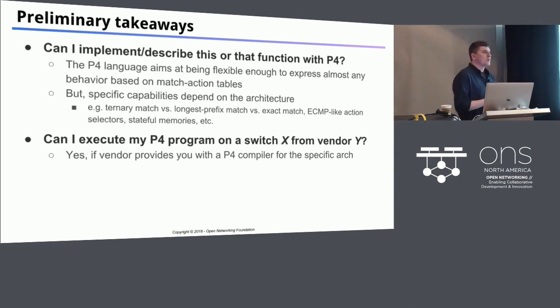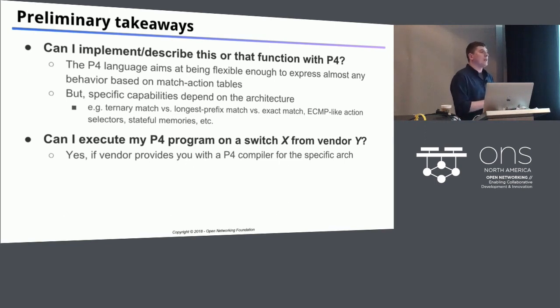Because the P4 language per se aims at being flexible enough to describe almost any forwarding behavior that is based on the match action abstraction. But the specific capabilities depend on the architecture.